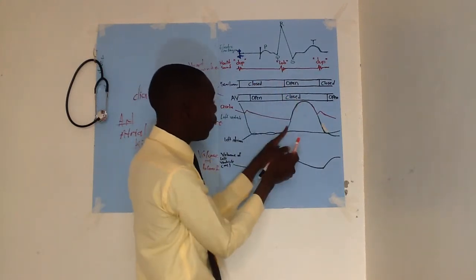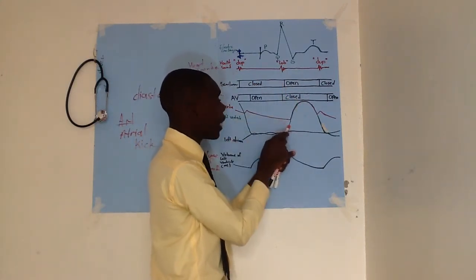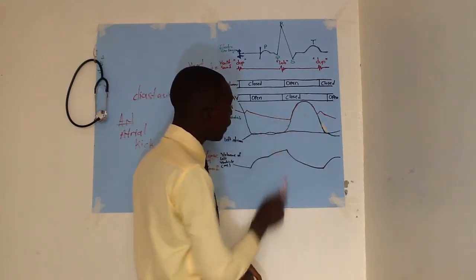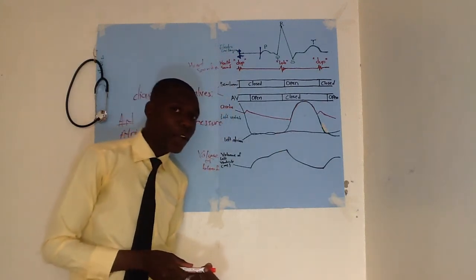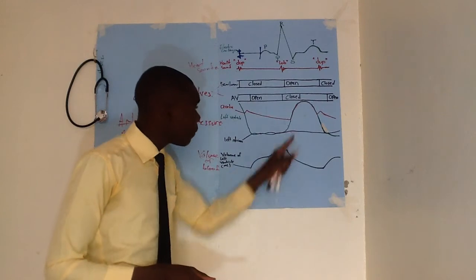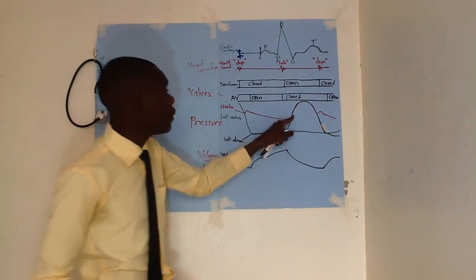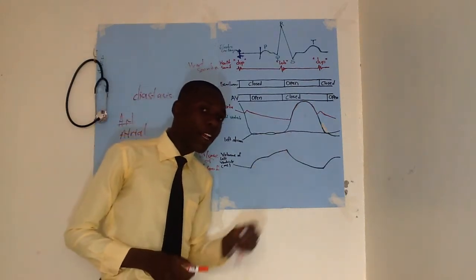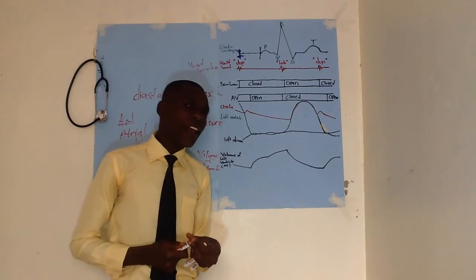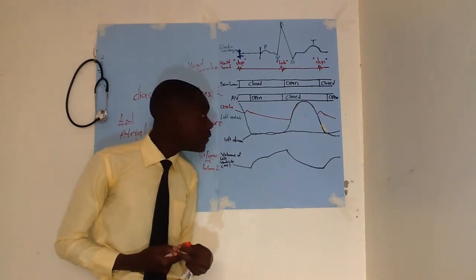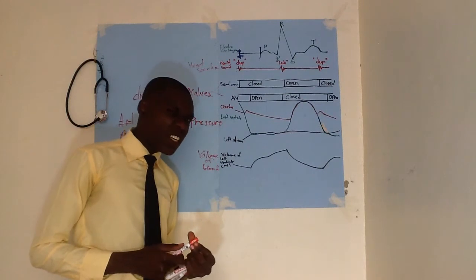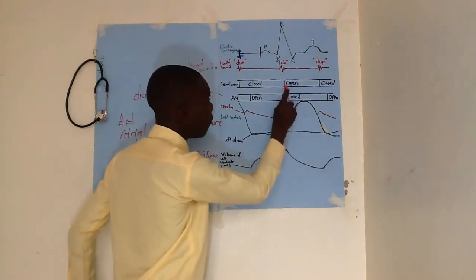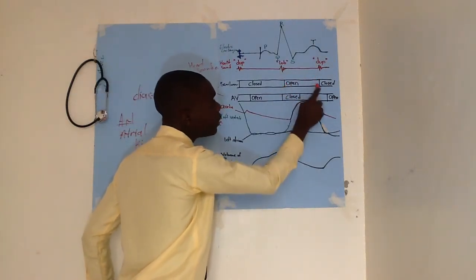But when the pressure of the ventricles surpasses the pressure in the arteries, it will force the semilunar valves, both the pulmonary arterial semilunar valve and the aortic arterial semilunar valve, to open. They will open up. I think you can see at this point.